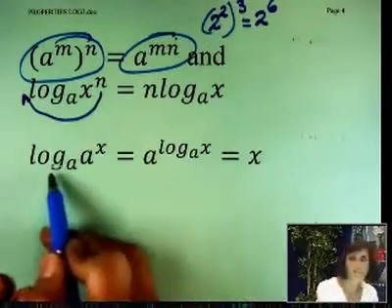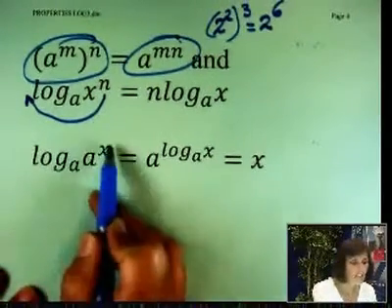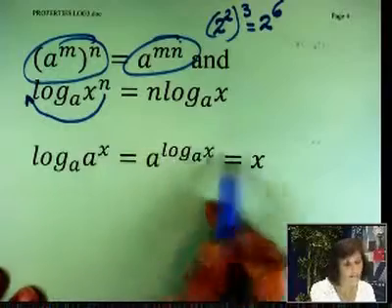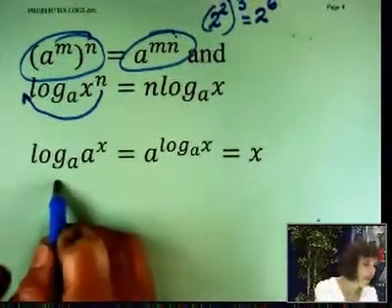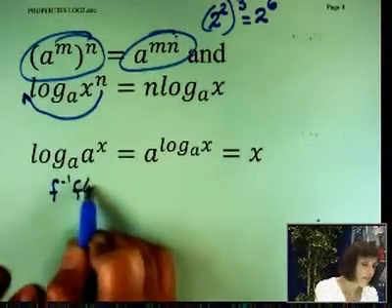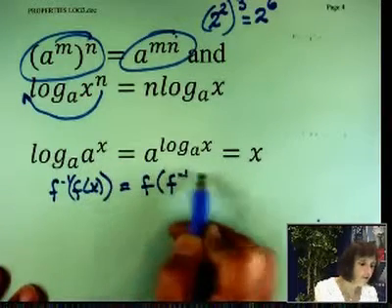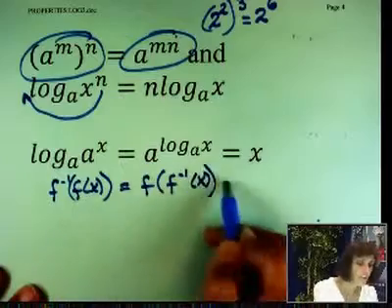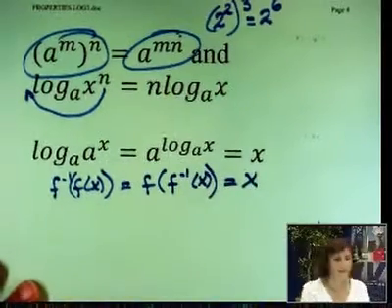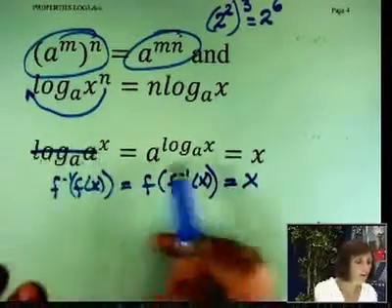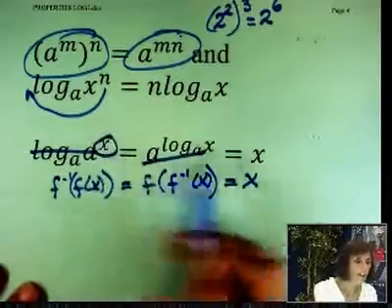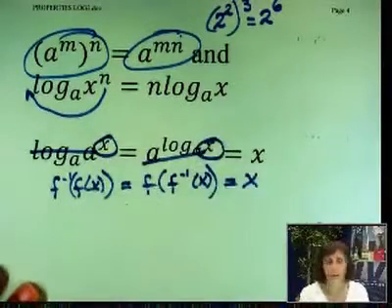And of course, the inverse property: log base a of a to the x is x, and a to the log base a of x is x. This means f inverse of f of x is f of f inverse of x, and we did that in the first section, is x. So these two are very powerful. You'll get x. All right? Okay.